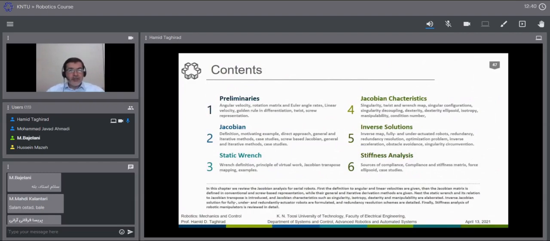Last time we discussed different ways of deriving the Jacobian matrix and its mapping in the force and torque relation, or wrench relation. We call it statics. Today we would like to talk about the most important characteristic of the Jacobian matrix.